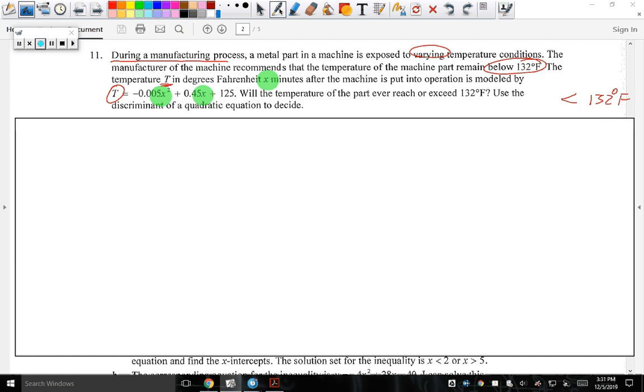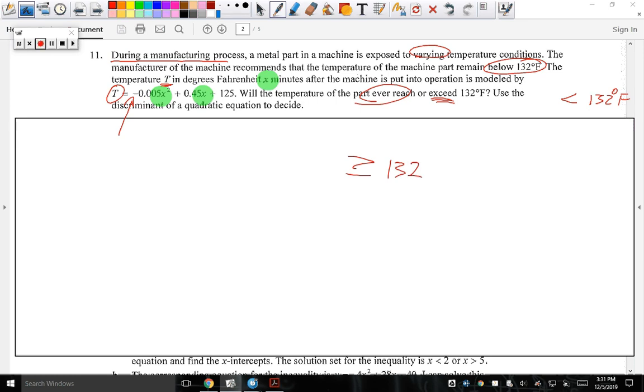If you notice, yes, it is quadratic, and yes, there is a negative, and the temperature will change as X continues to grow on and on. Will the temperature of the part ever reach or exceed, so will it ever equal or will it ever be greater than 132, is what it's asking.